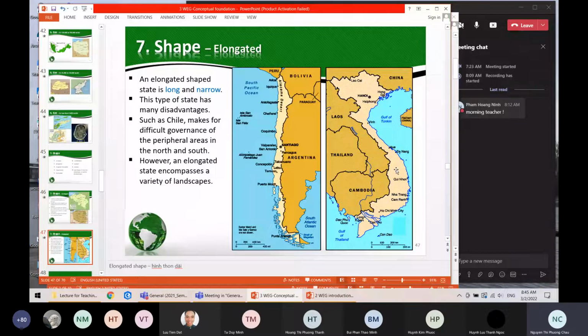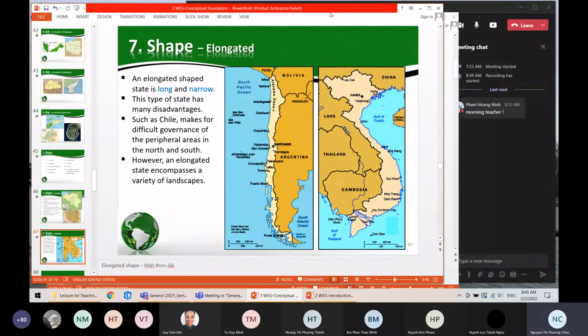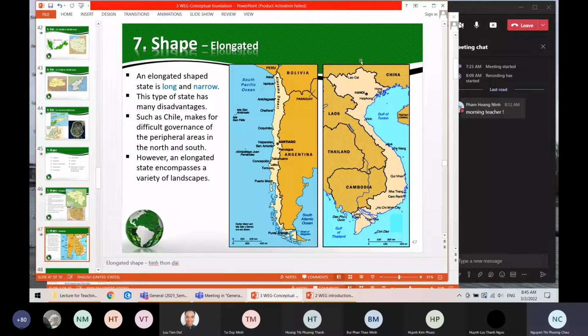And any other advantages? Okay, so I will discuss more of the advantages, but you may think about the disadvantages. So based on long and narrow, what are the disadvantages of this kind of shape?